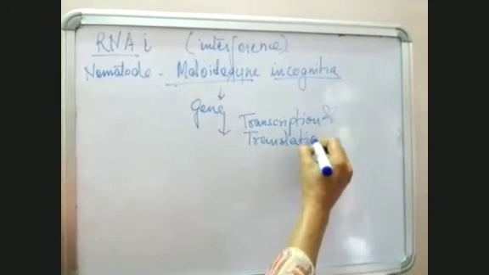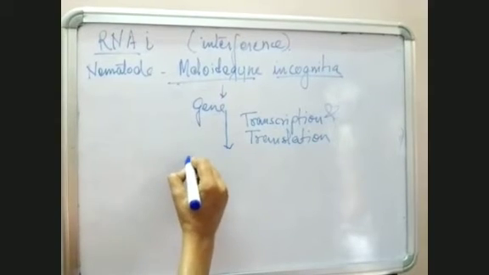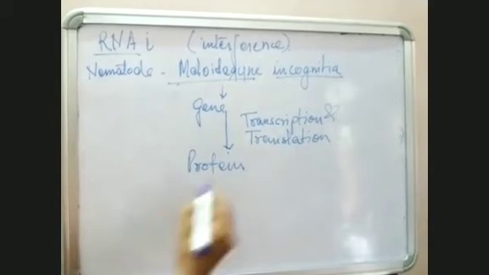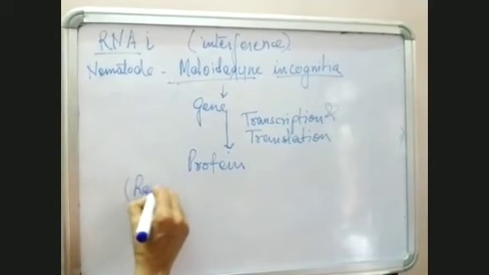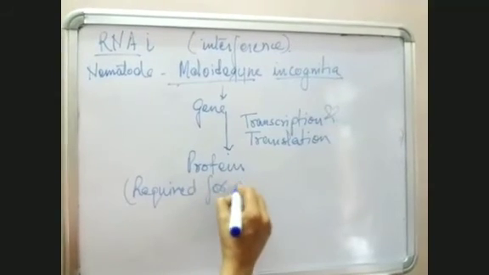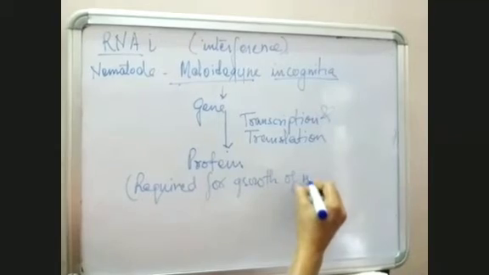As a result, it produces a protein, and this protein is required for the growth of the nematode.